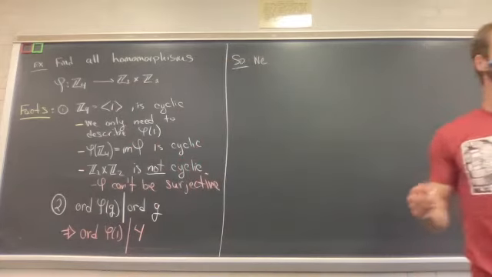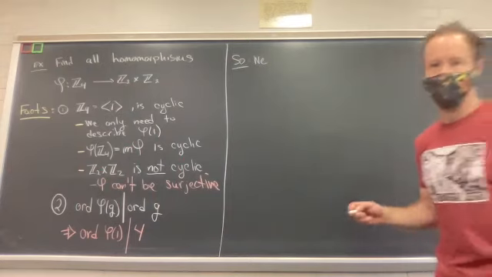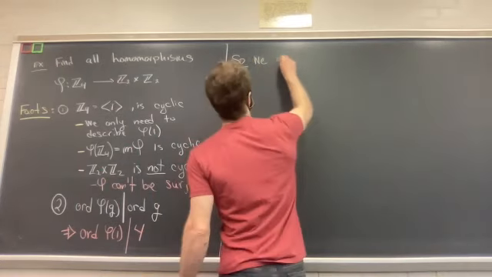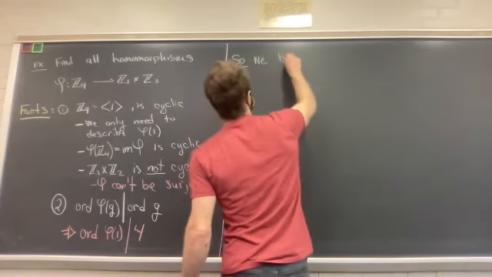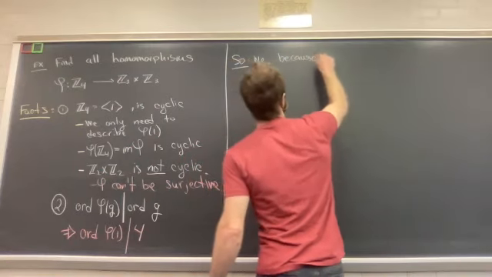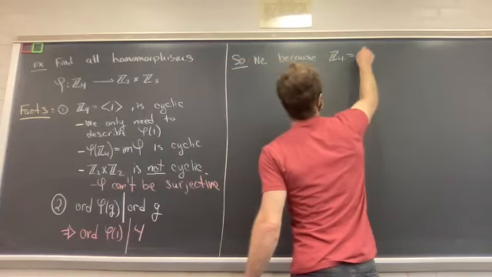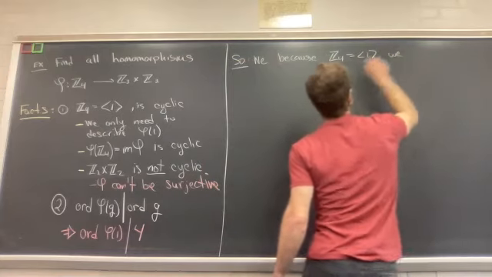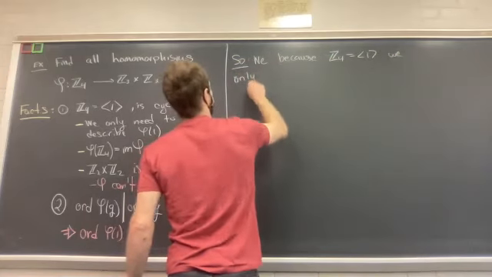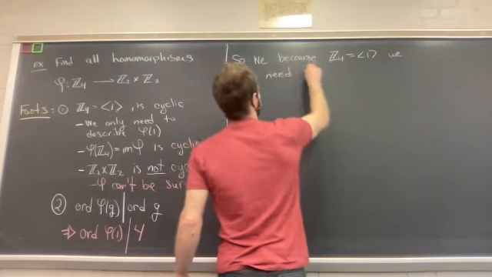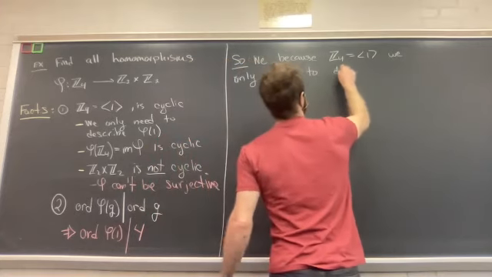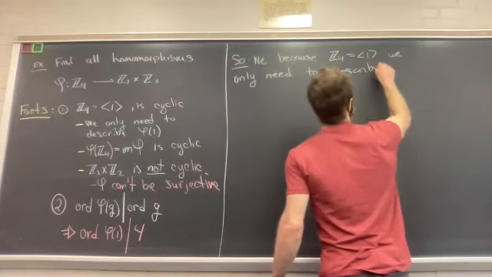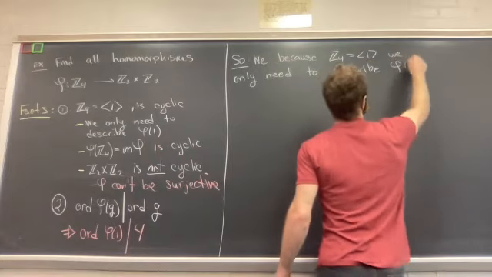This is where your solution would start if you were writing a solution. Maybe we would say: because Z4 is generated by 1, we only need to describe phi of 1.